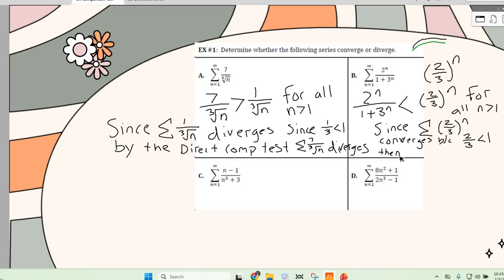By the direct comparison test, the sum of 2 to the n over 1 plus 3 to the n converges.